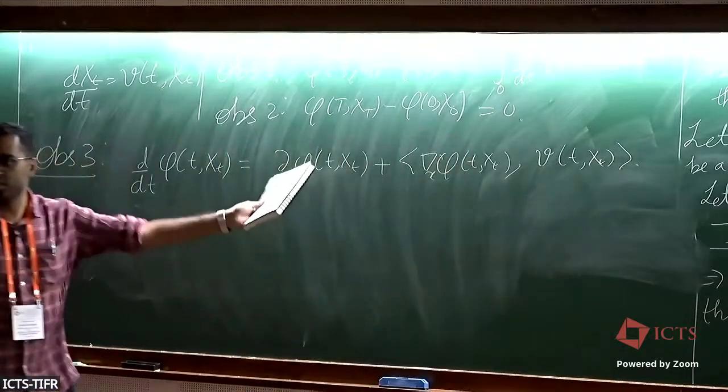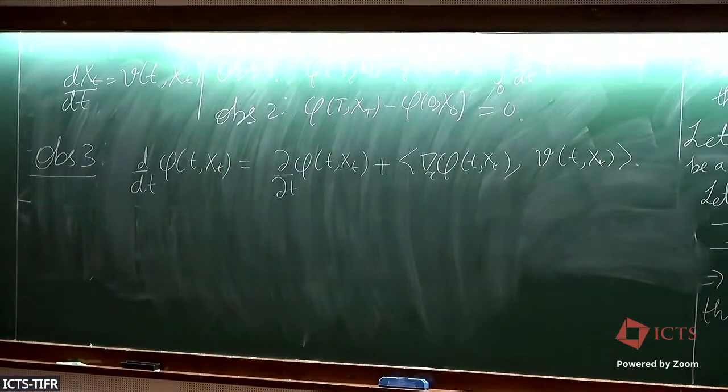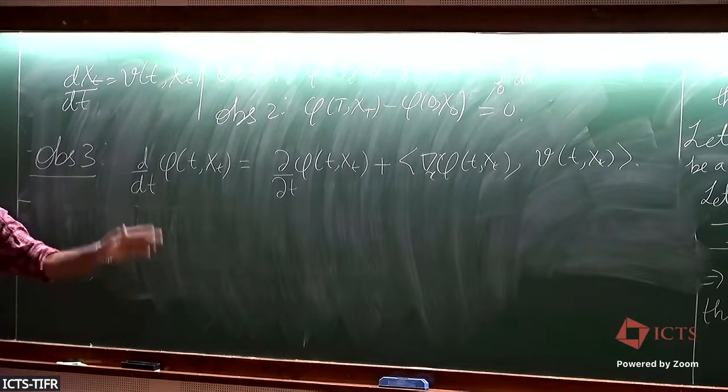Can you tell me why this is true? This is the total derivative rule, one of the fundamental theorems of multivariate calculus. This is all it takes to derive the continuity equation.